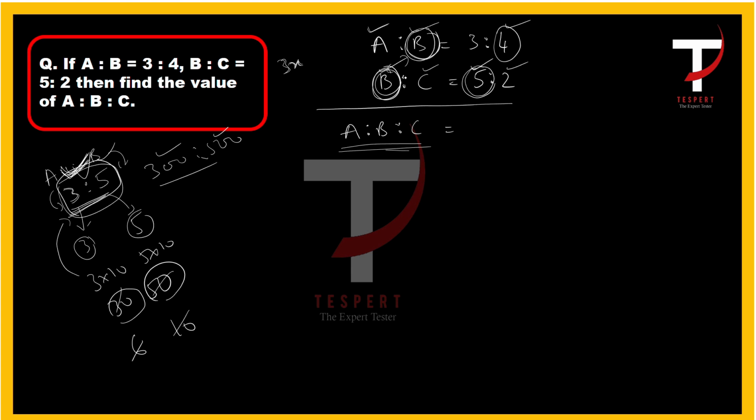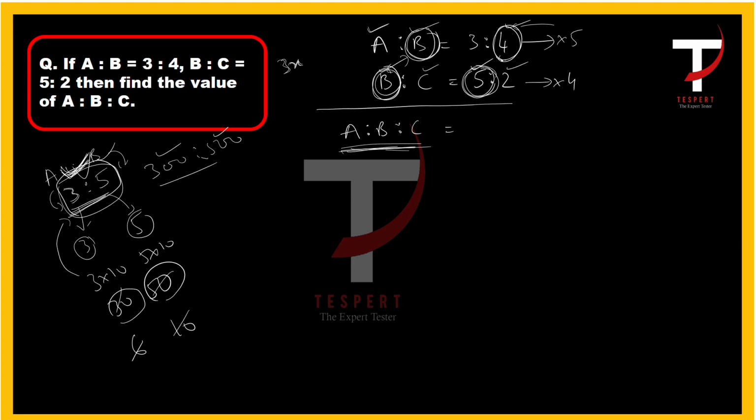So we must equalize this. How can we equalize this? Unless we equalize this, we cannot calculate the ratio of all the values, right? So do one thing. Here we have two approaches. We can multiply this 5 with this ratio, and we can multiply this 4 with the second ratio.